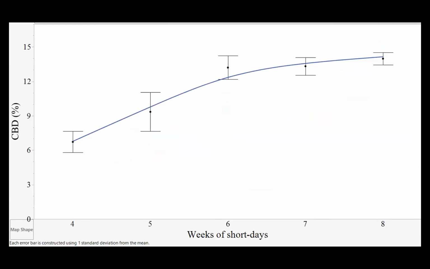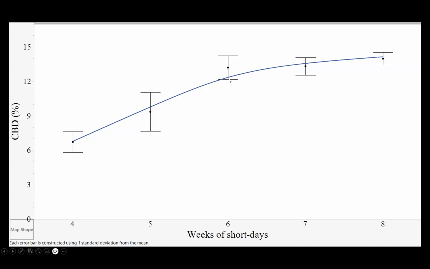inflorescence growth. If we look at the cannabinoids, of course, we're growing industrial hemp, so we're just measuring CBD, but you would expect the same trends for other cannabinoids. And you can see from week 4 through week 6, the cannabinoid concentration is increasing. And this is just growth without any flushing, but this is normal growth.